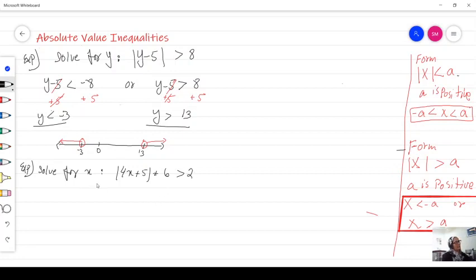When that's the case, we know we have to first isolate our absolute value expression. So I am going to subtract that 6 from both sides. Then I'm left with the absolute value of 4x plus 5 greater than negative 4. Uh-oh, this is a problem because I got a negative, which means there is no solution.